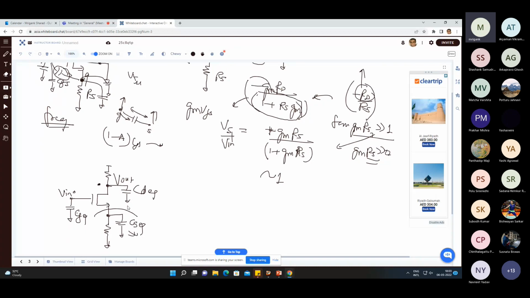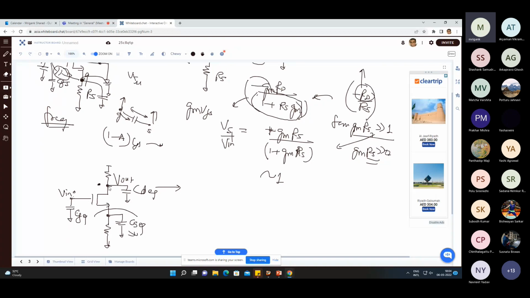For simplifying the analysis, if you just want to do hand calculation, you can assume that the CS equivalent is much smaller than CD equivalent and CG equivalent, and then the low frequency poles will be determined by these two capacitances.